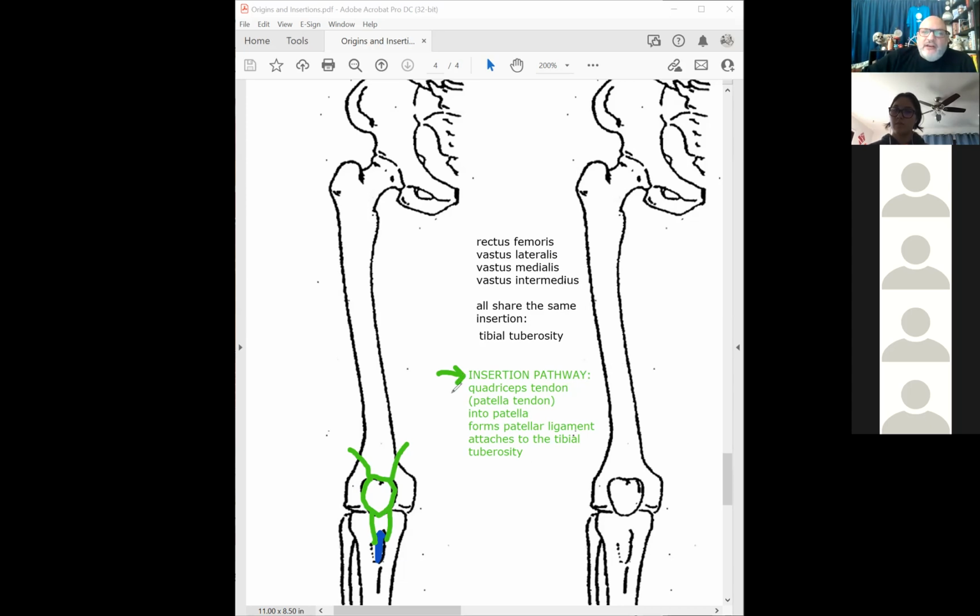So if on a lab exam, the question reads, identify the insertion pathway, do you even really need to look at the picture? No. And does it matter which one of the four muscles I'm pointing at? No, the insertion pathway and the insertion are the same for all four of these. So that picture is now locked and loaded.